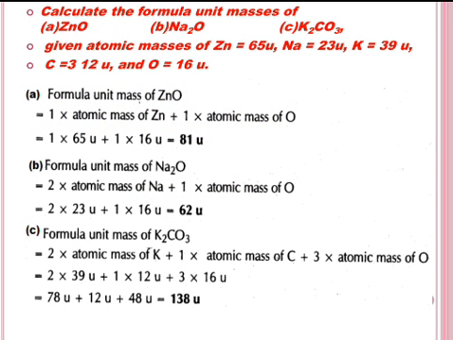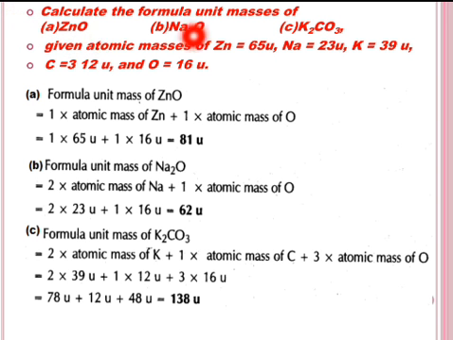Now students, let's practice to calculate formula unit mass with some more examples. This question is also given as a blueprint question on page 40 in your science textbook in chapter 3.